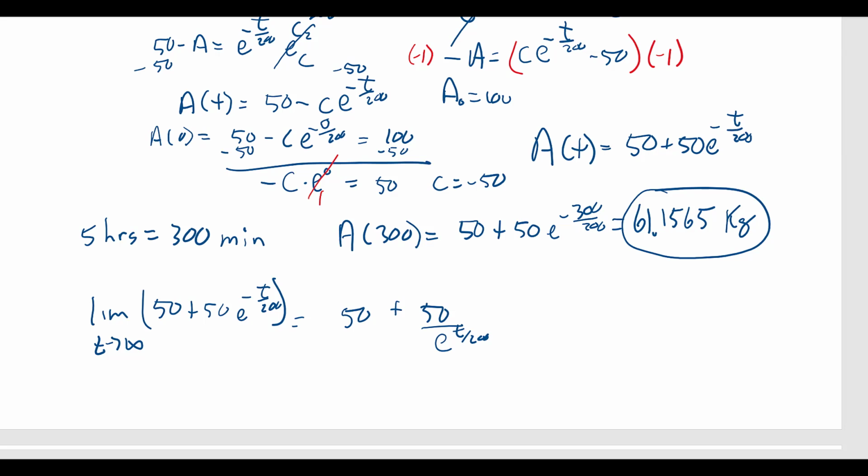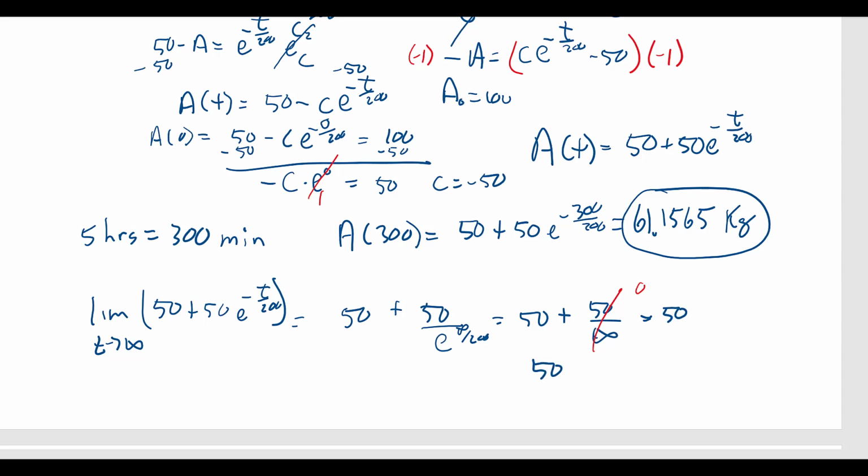Oh, but what is our t? Our t is infinity at this point. So we have 50 plus 50 over an e to the infinity, infinity over 200 is still infinity, e to the infinity is infinity. So this second term is just 0, and we end up with 50 out of this.